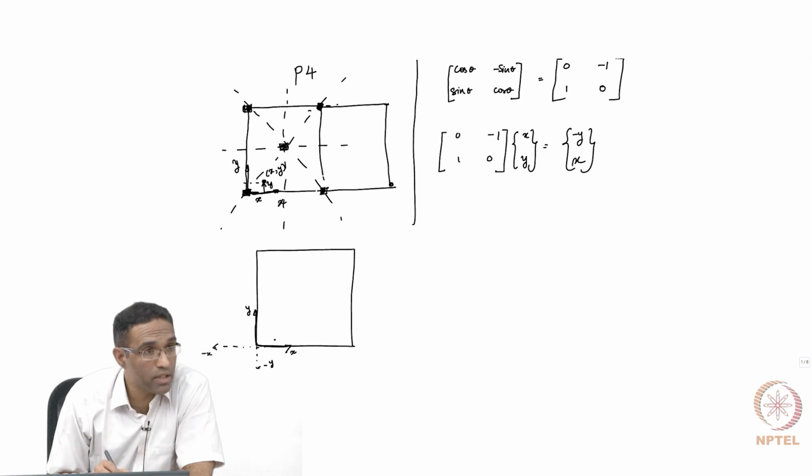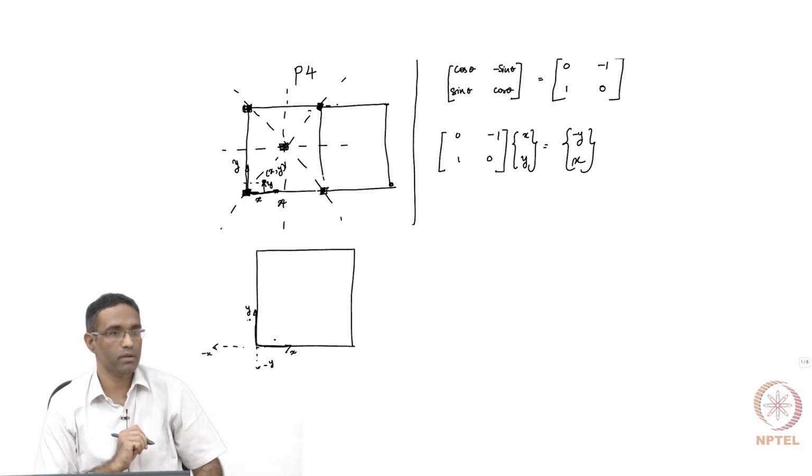The x coordinate is actually minus y and the y coordinate is actually x, so it generates this point, right.